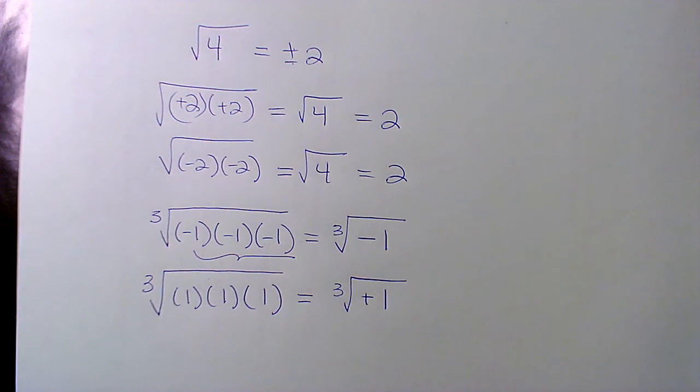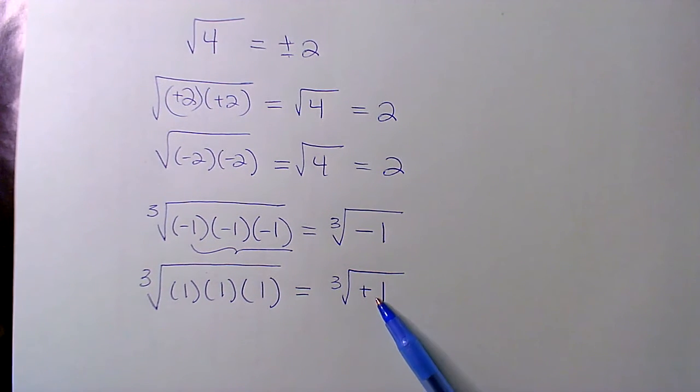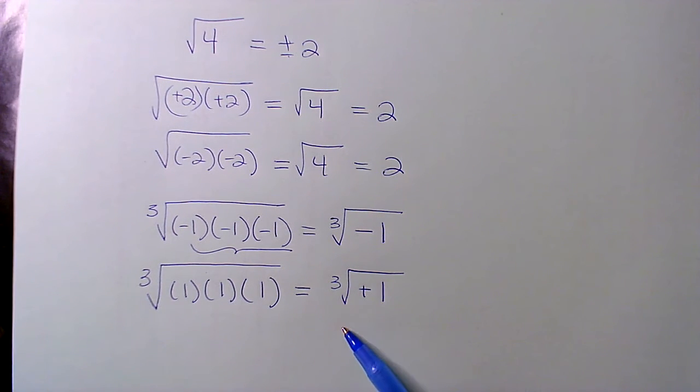So with cube roots, if the original number inside the radicand is positive, then when you cube root it, that number is going to be positive. If it started off negative, then it'll be negative.